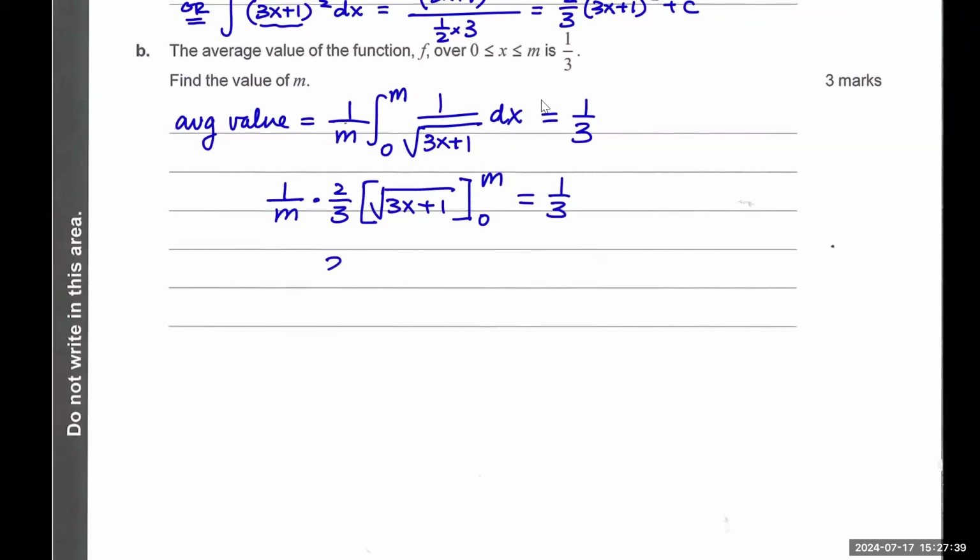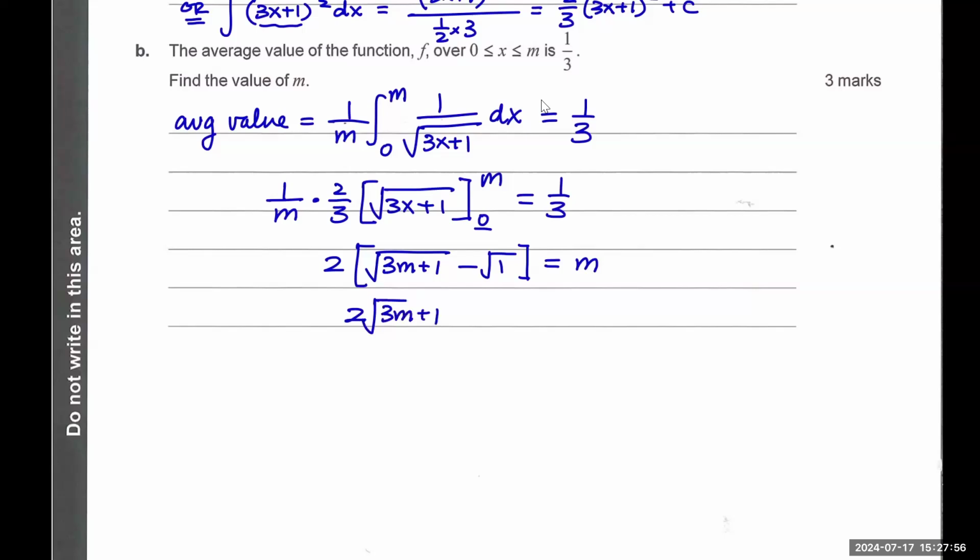So you should be able to get 2 square root 3m plus 1 minus square root of 1, because you're subbing in 0 and m here, okay? So 2 square root 3m plus 1 minus 2 equals m. And 2 square root 3m plus 1 equals m plus 2.